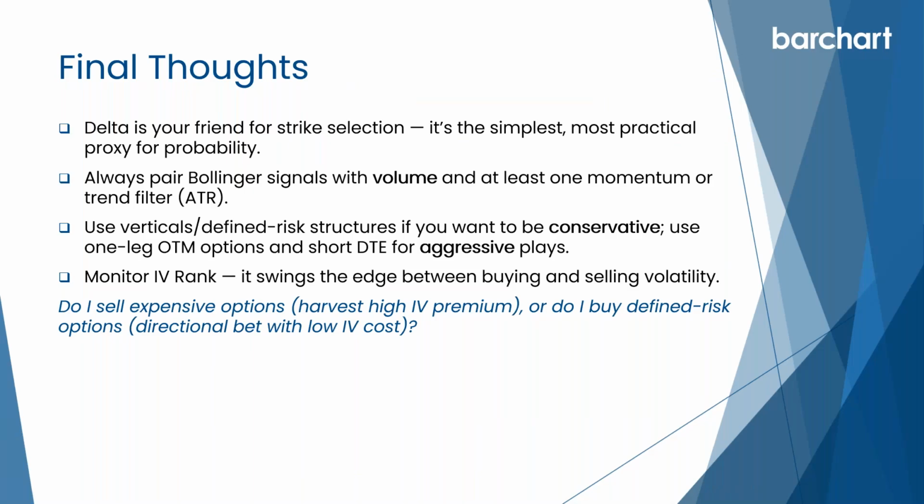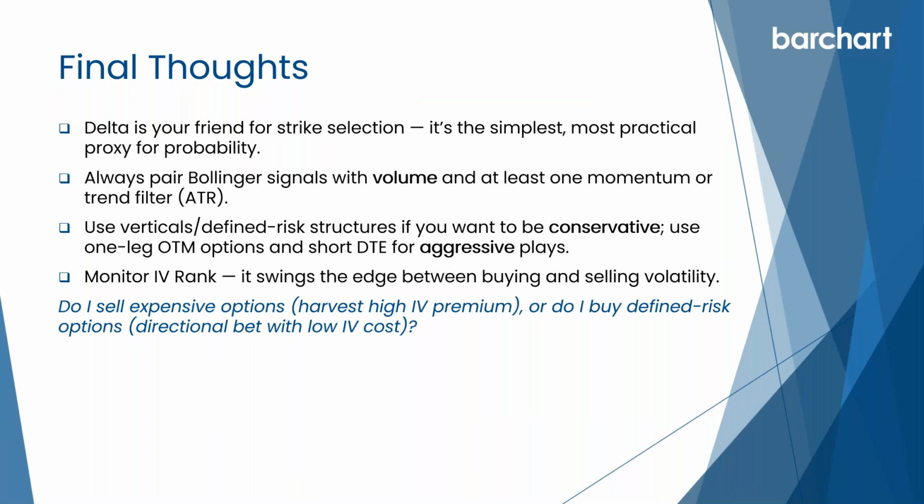Always pair Bollinger Band signals with volume and at least one momentum or trend filter. The one that I personally like is ATR. Use verticals for defined risk structures if you want to be conservative. If you're aggressive, you can use one-legged out of the money options or short DTE for aggressive plays.